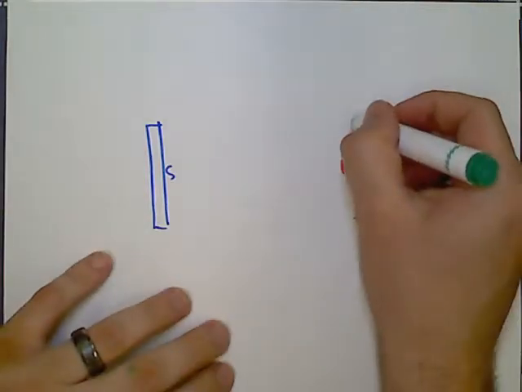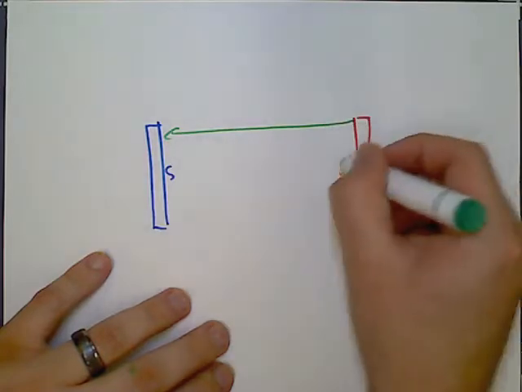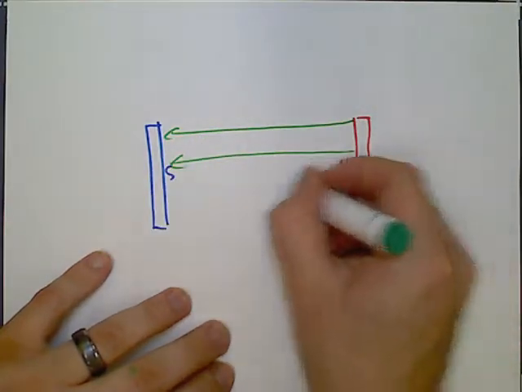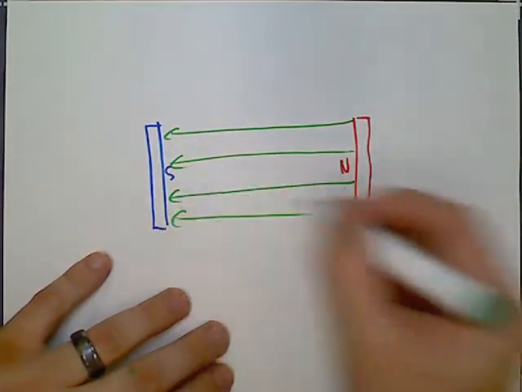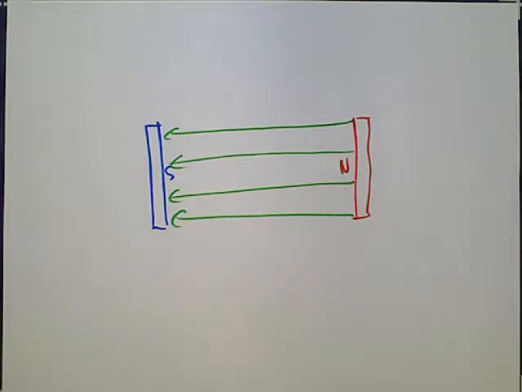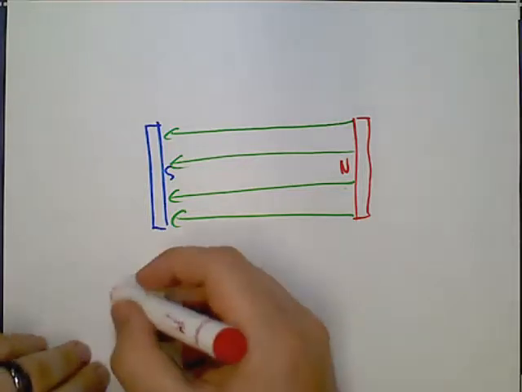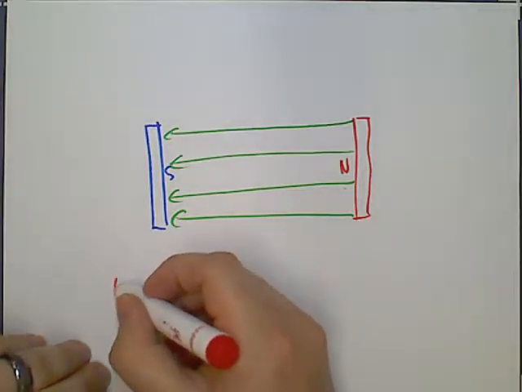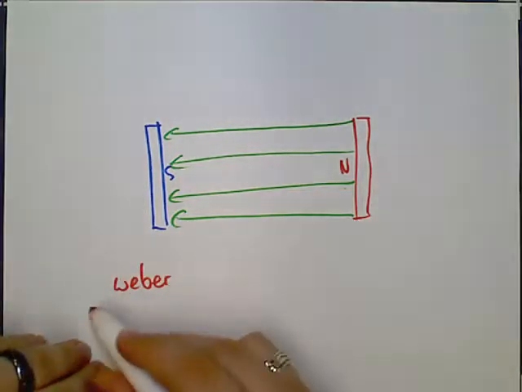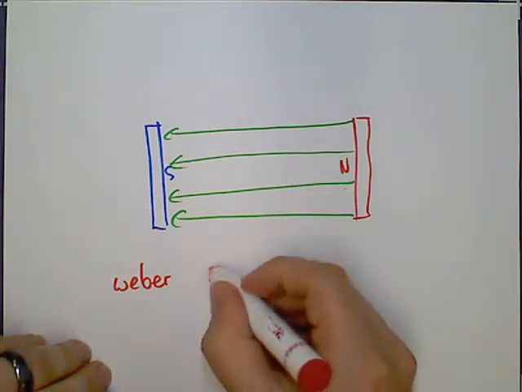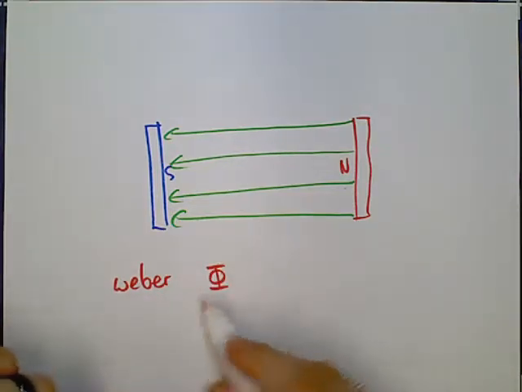What we have previously suggested are magnetic field lines are actually what we call lines of flux. And they actually have their own measurement entirely. We go by the unit Weber, pronounced Weber, and it's represented by the symbol Phi here.